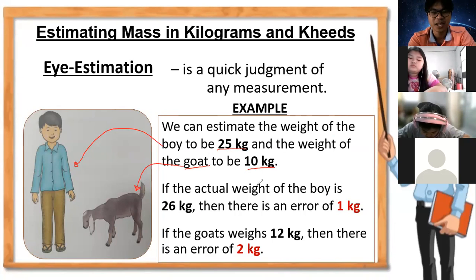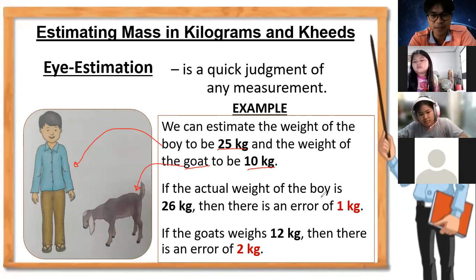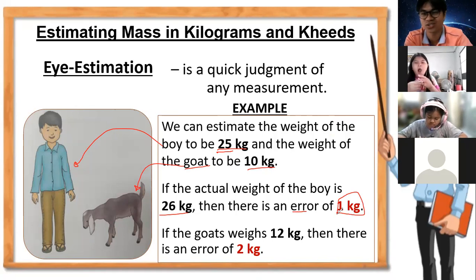But if we use a measuring tool to measure the actual weight, and the boy is 26 kilograms, then our estimation is 25. The difference, or the error, is only 1 kilogram, 26 minus 25. So very close to the actual measurement.